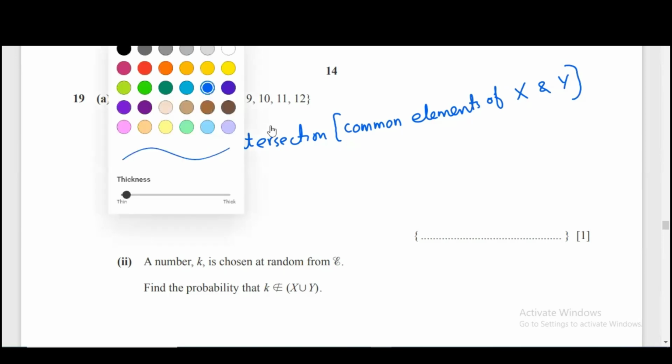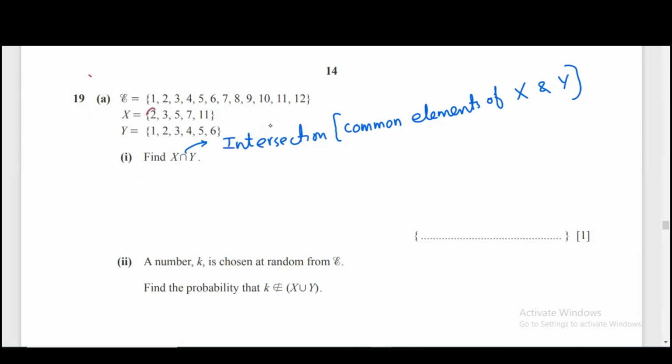So I'm going to mark 2 and 2, 3 common, 5 and 5. So here are three elements, 2, 3, and 5, for X intersection Y. It's a 1 mark question.